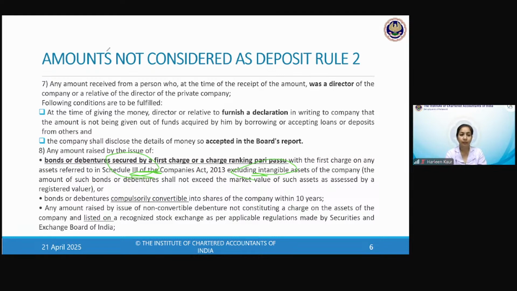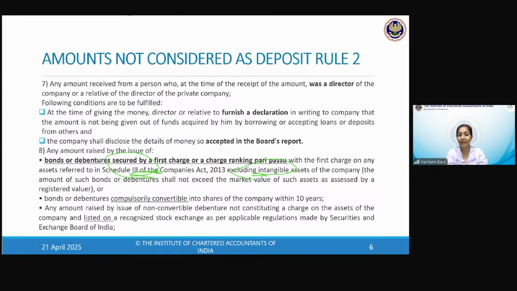Yes. So intangible assets are never given as a security.